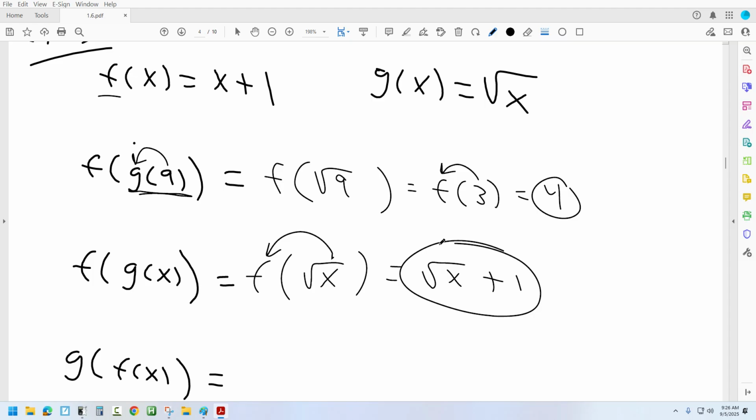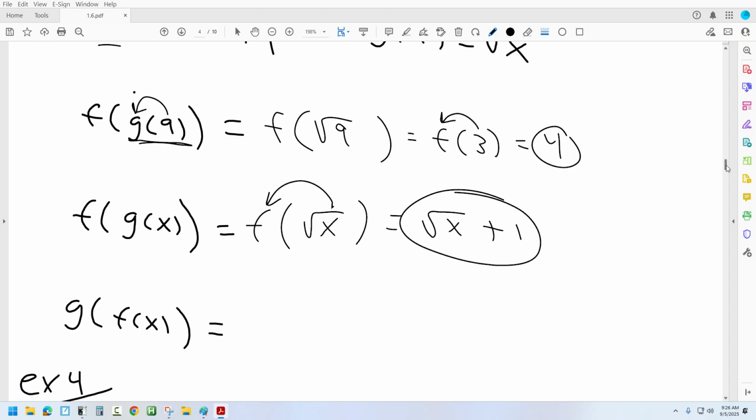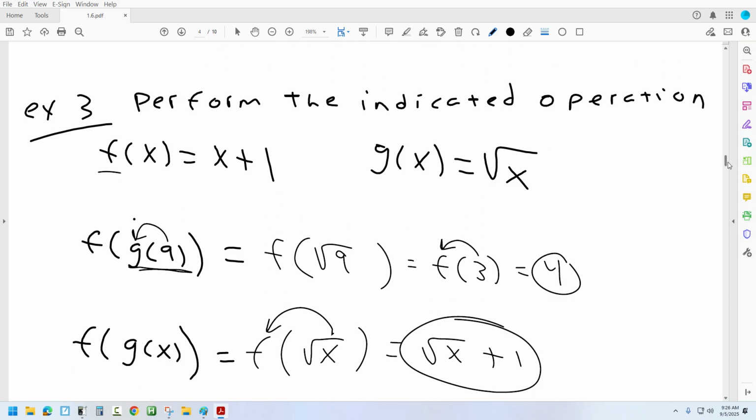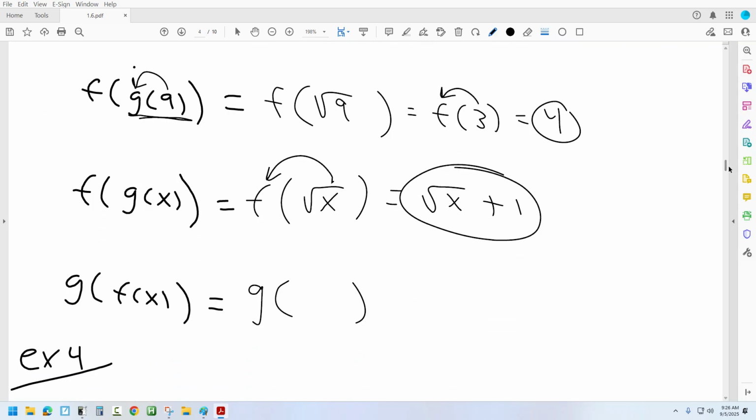I guess we're not doing the domain on that one. We're just composing them. Okay, let's do g of f of x. Ethan, what's f of x again? X plus 1. Okay, so we got that written down right up there.